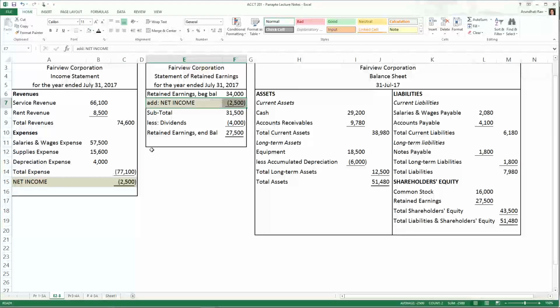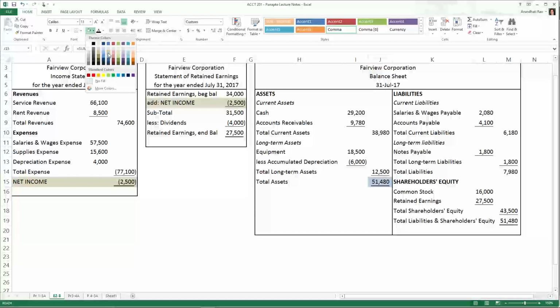If it's a positive number, you bring a positive number. If it's a negative number, you bring a negative number. Your total assets must be equal to total liabilities plus total shareholders' equity. If those numbers don't add up, we made a mistake somewhere. Well, in this case, it does add up.